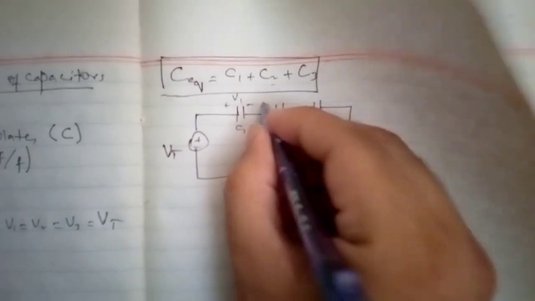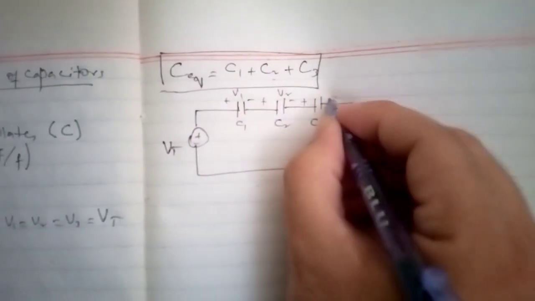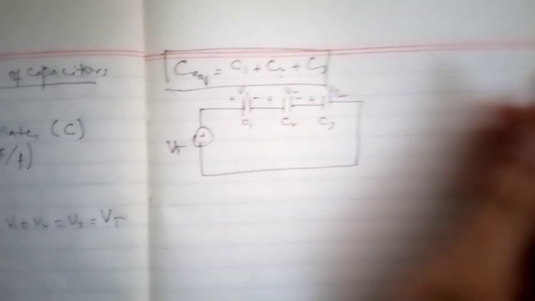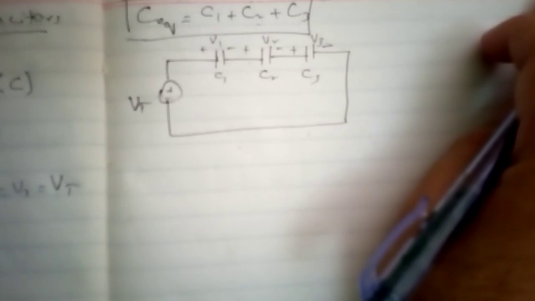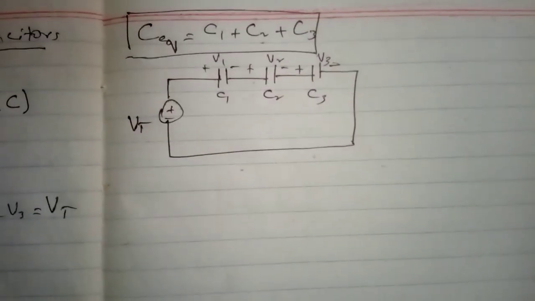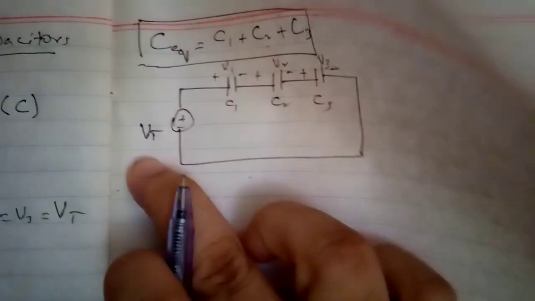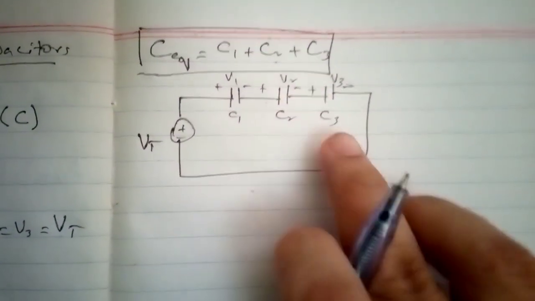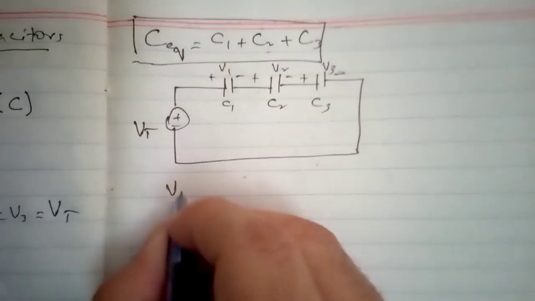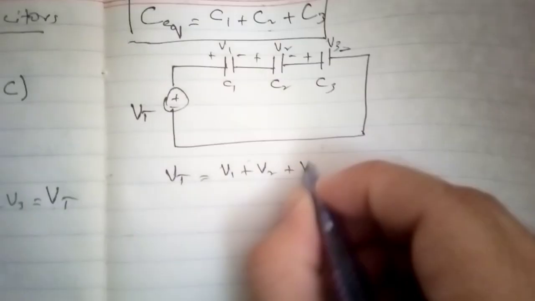This is C2, it has a voltage plus minus V2. This is C3, it has a voltage plus minus V3. Now you can see here, when capacitors are connected in series, current is same but voltage is divided. This total voltage is actually producing voltage across C1, C2, C3. That's why Vt is equal to V1 plus V2 plus V3.